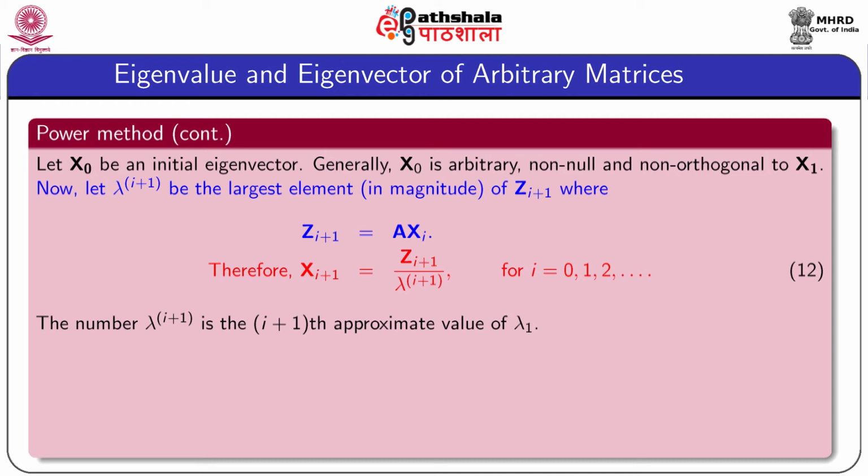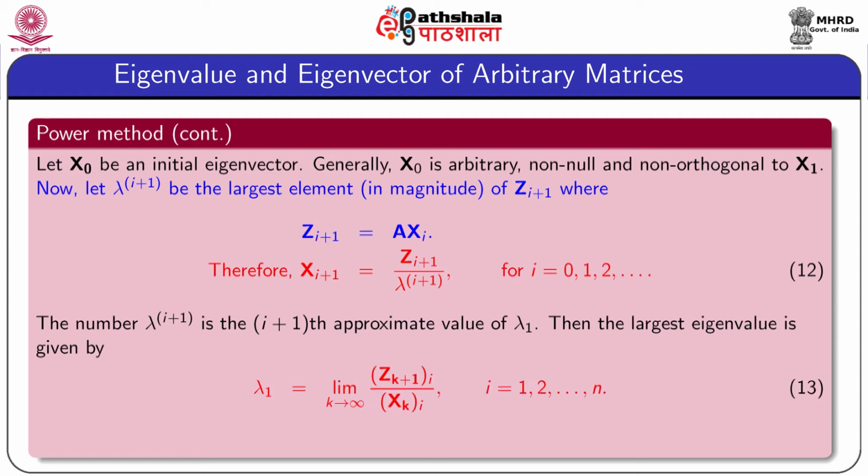The number lambda power i plus 1 is the i plus 1th approximate value of the eigenvalue lambda 1. Then the largest eigenvalue is given by lambda 1 equal to limit k tends to infinity of z k plus 1 suffix i, that means the ith element of the vector z k plus 1, divided by the ith element of the vector x k, and this is true for all i equal to 1 to n.